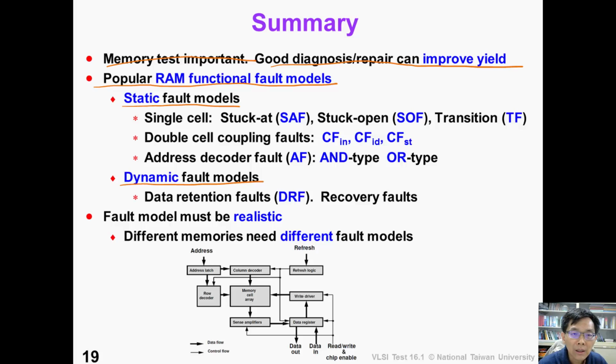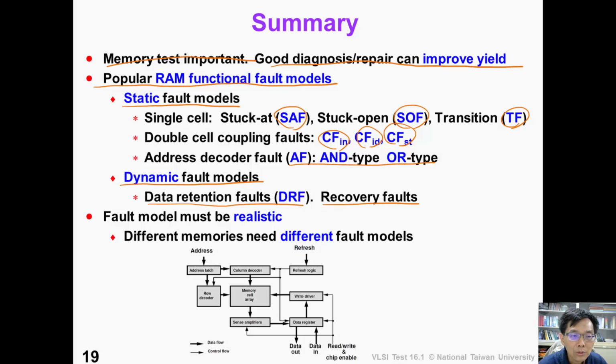There are stuck at faults, stuck open fault, transition fault for single cell, and the coupling faults for double cells. And there are two types of address decoder fault, the N-type and the OR-type. For dynamic fault, we have shown data retention fault as well as recovery fault.